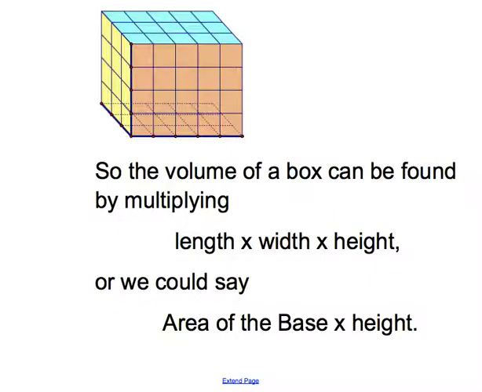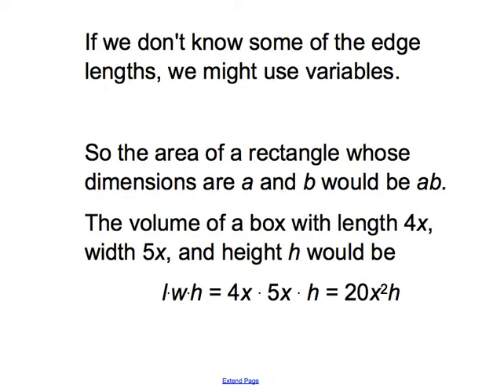So the volume of a box can be found by multiplying length times width times height. Or we could say area of the base, that 3 times 5, and take that times the height. If we don't know some of the edge lengths, we might use variables. So the area of a rectangle whose dimensions are a and b would be ab, a times b.